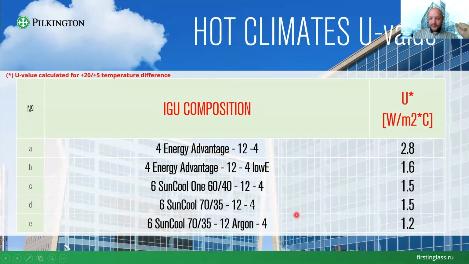As you can see, hard coatings are working well only when combined with low E. And the best performance can be achieved if you put in some argon, which also adds a lot to the U value. So these are calculated for the standard European temperature range, the standard U value calculation range.